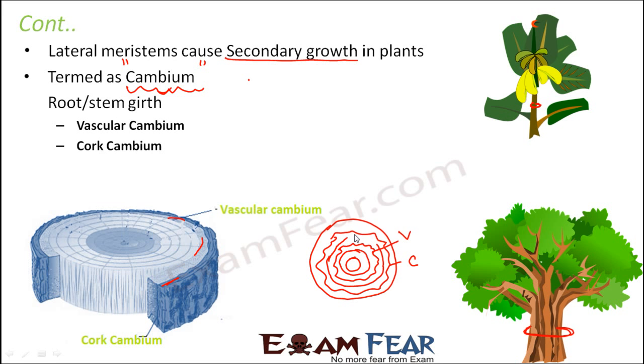Now when they produce new layers of cells, the thickness is gradually increasing with time. So these cambium, by forming new cells by cell division, give rise to new layers of cells, and as a result the thickness or the girth of the stem and the root increases, and this is known as secondary growth in plants.